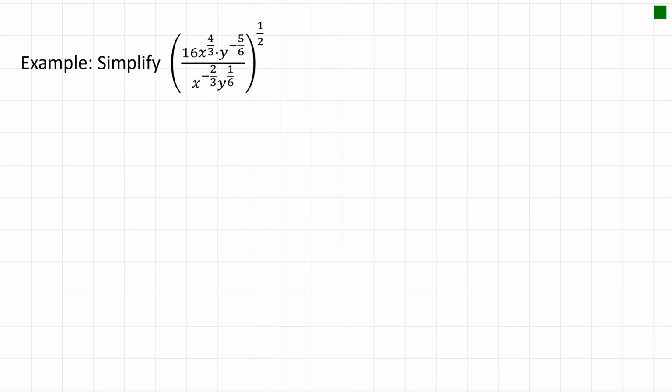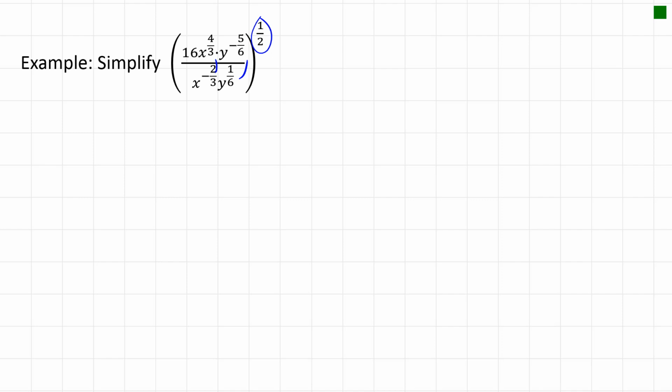This last one is a beast of a fraction. And we have this huge giant exponent up here that applies to everything inside. So how are we going to go about this? Well, basically make your life simple. Simplify what's inside the fraction first. And to do that, I'm going to take both of these actually up into the numerator.